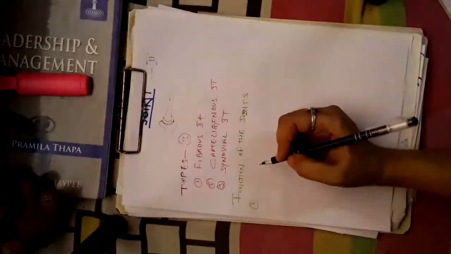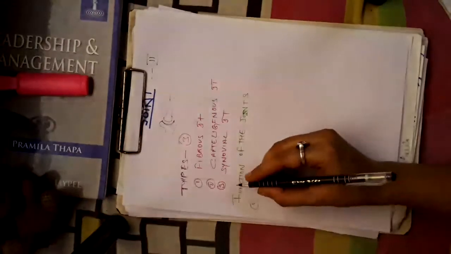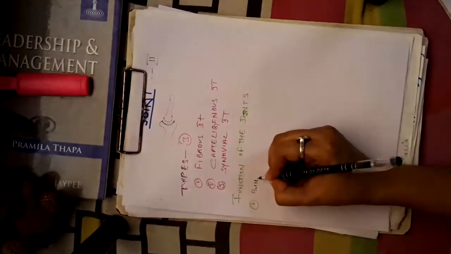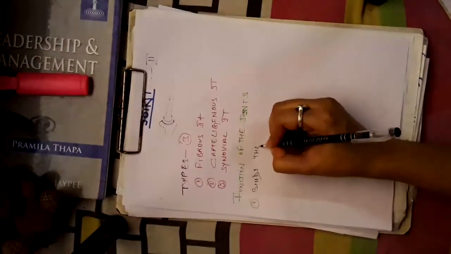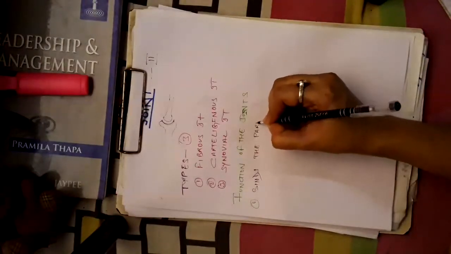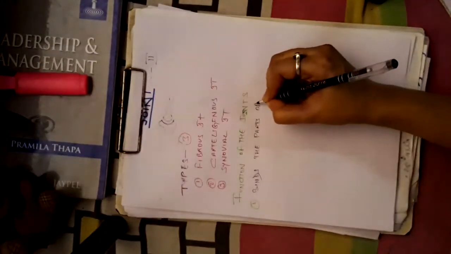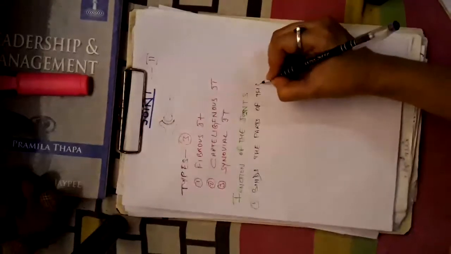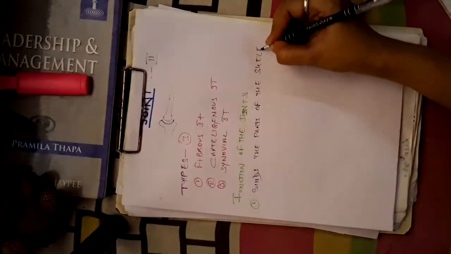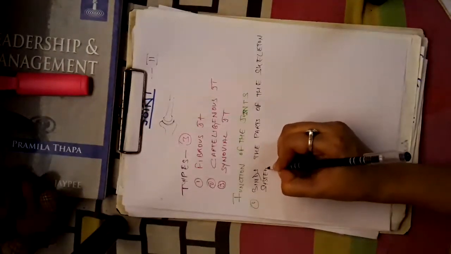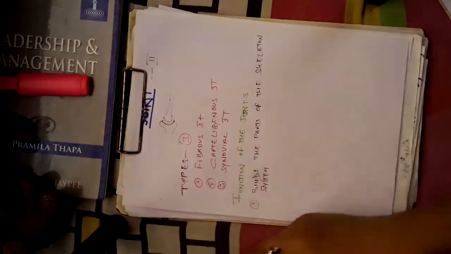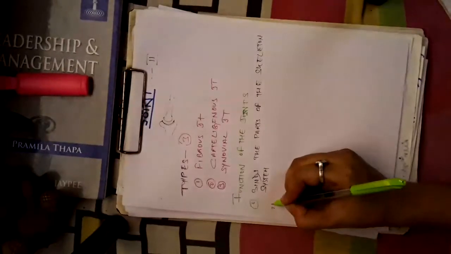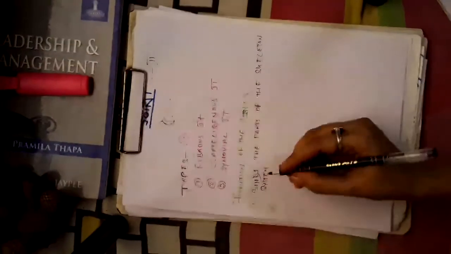Next we will see the functions of the joints. The first function is it binds the parts of the skeletal system. The second one is it allows the growth of the bone.